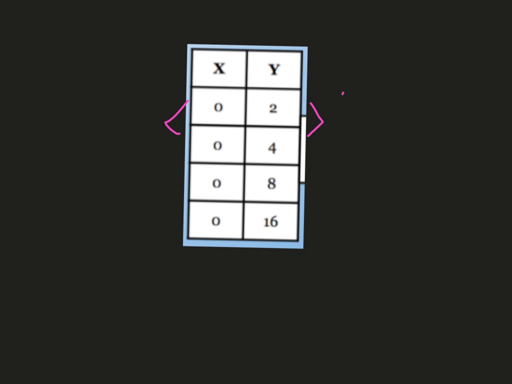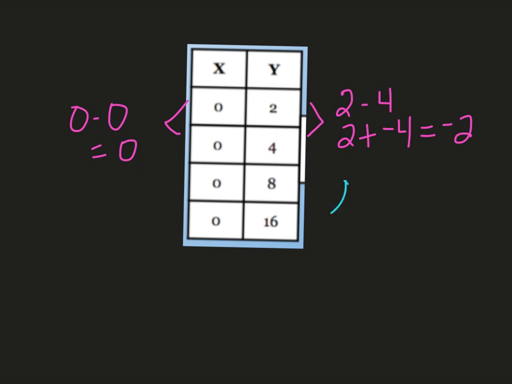So I have 2 minus 4, which is 2 plus -4, which is -2. Now, over here I have 0 minus 0, which is 0. So your change in y over the change in x: the change in y is -2, and then the change in x is 0.